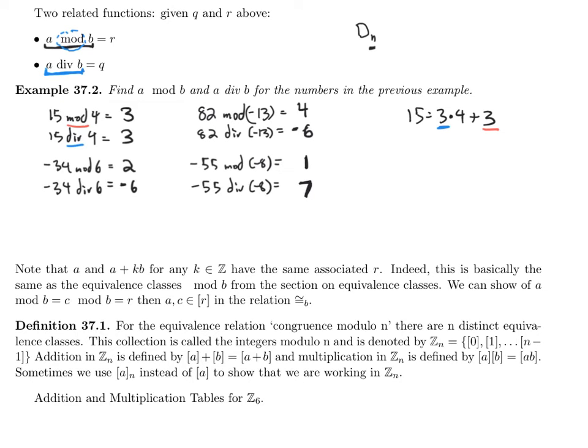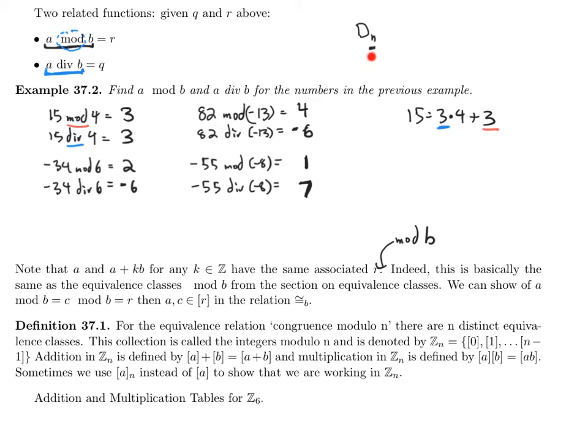So note here, and this is important, if you have some number a, then it's going to have some remainder r when you divide it by b. Let me say here, mod b, just so that's a little more clear. So if you add extra copies of b to it, then it's still going to have the same remainder.